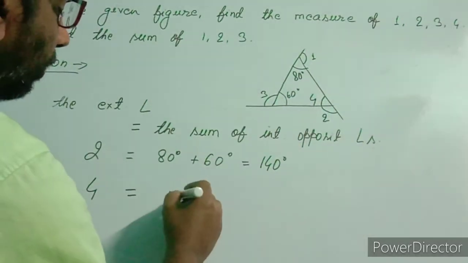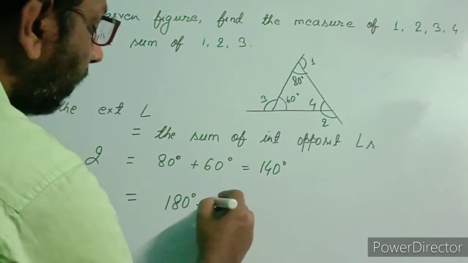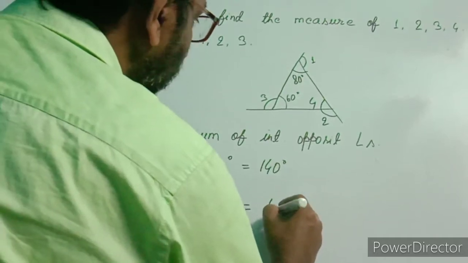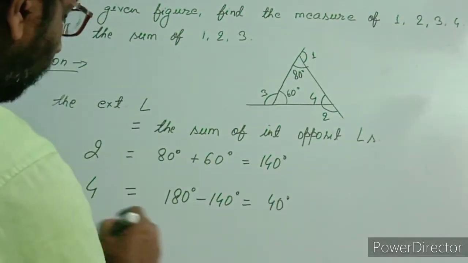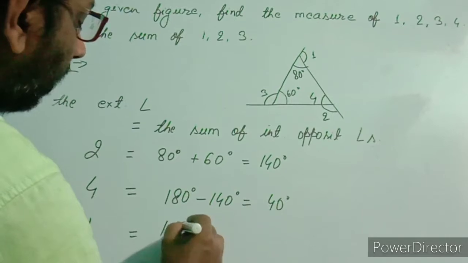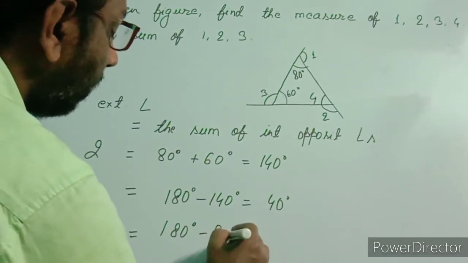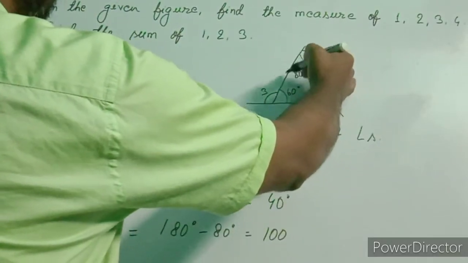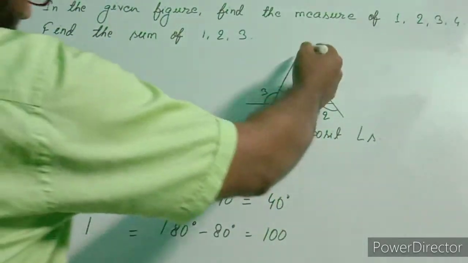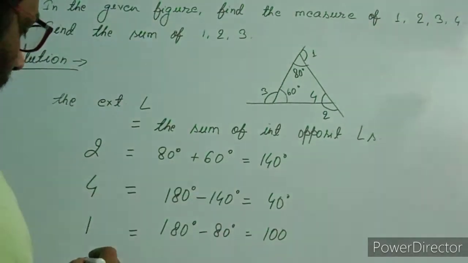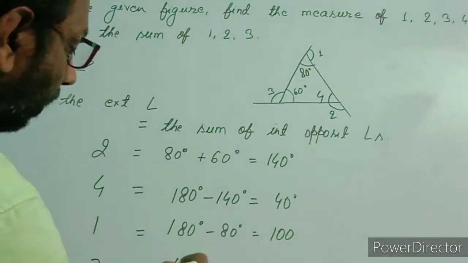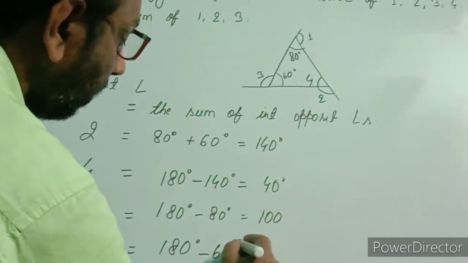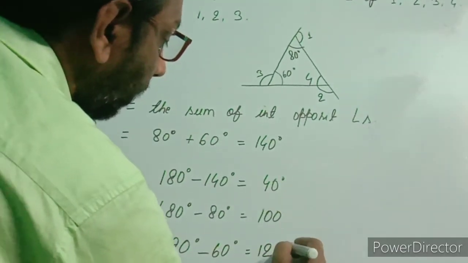So 4 equal to 180 degrees minus 140 degrees equal to 40 degrees. 1 equal to 180 degrees minus 80 degrees equal to 100 degrees, because 1 plus 80 degrees is a straight angle, 180 degrees. Now 3 equal to 180 degrees minus 60 degrees equal to 120 degrees.